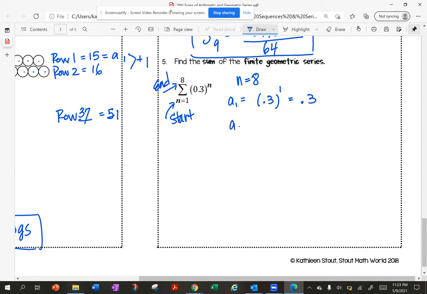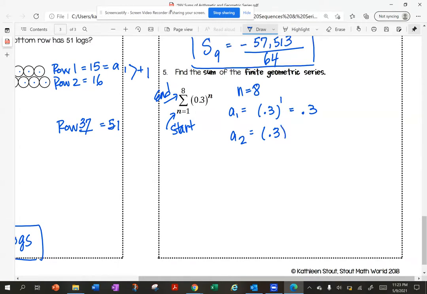So let's calculate the next term just so I can see what the ratio is. So this would be 0.3 squared. I'm just going to call it 0.3 squared, because it's easier to show it as the ratio. So my common ratio, I'm going to take my second term and divide it by my first term.